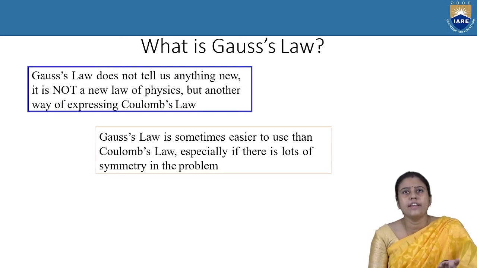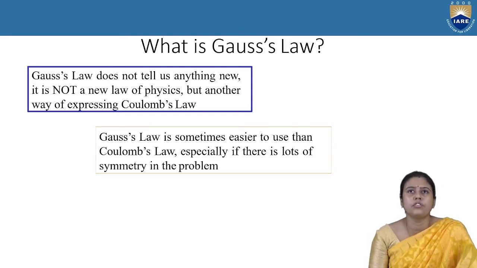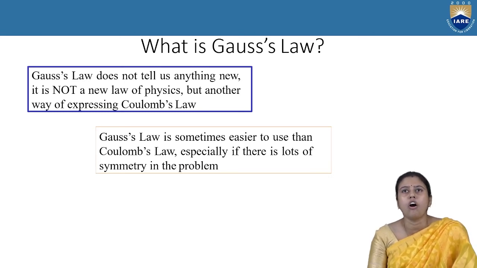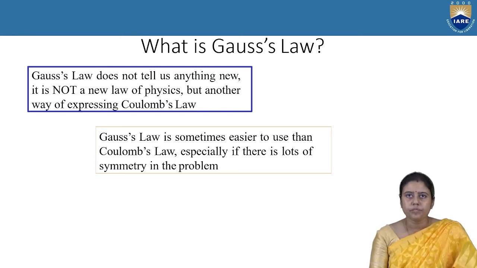If we are not writing Coulomb's law, we can write it in the form of Gauss Law. Gauss Law does not tell anything new. It is not a new law of physics. It expresses Coulomb's law in another way.